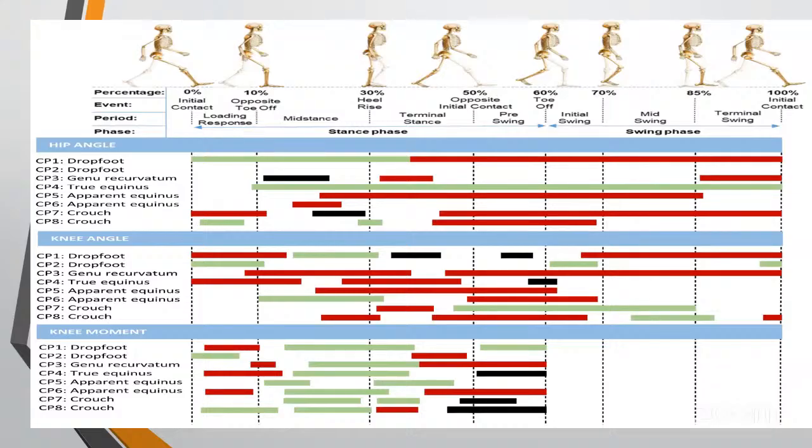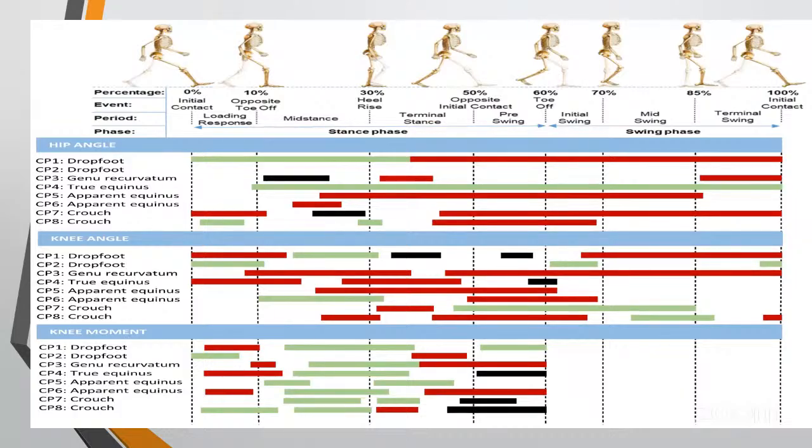So when we are examining gait, we also need to know that at 0%, that's when you have initial contact. From 0% to 10% is when you are transitioning into mid stance. Transitioning from mid stance to terminal stance, you have around 20%.